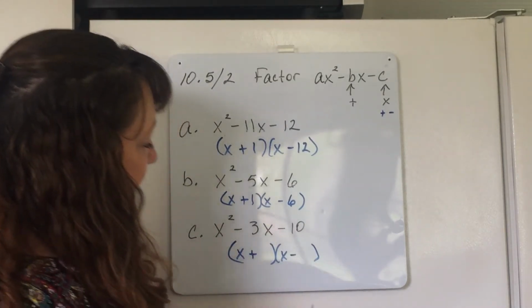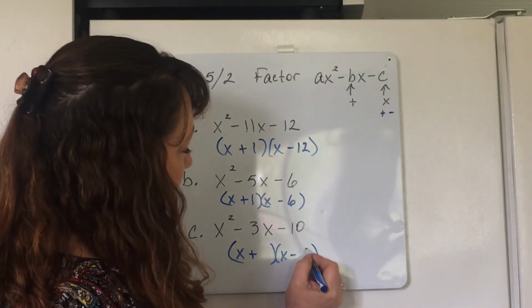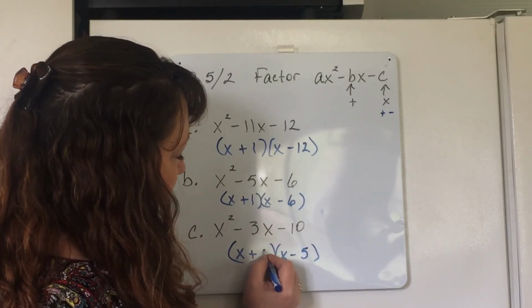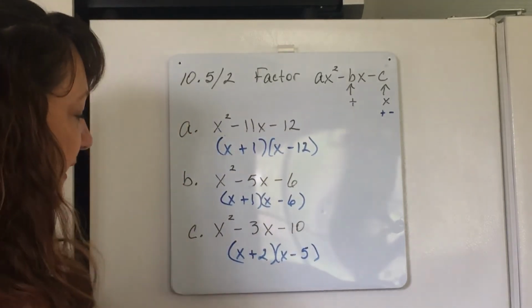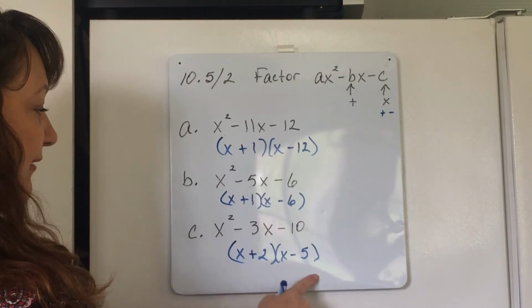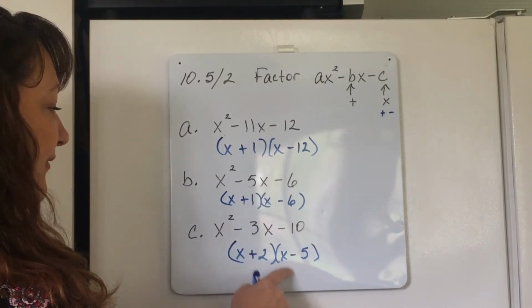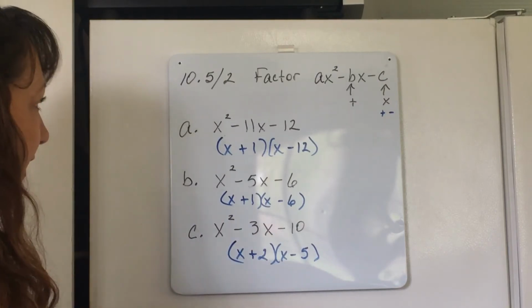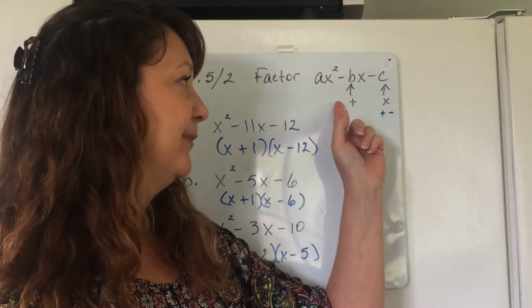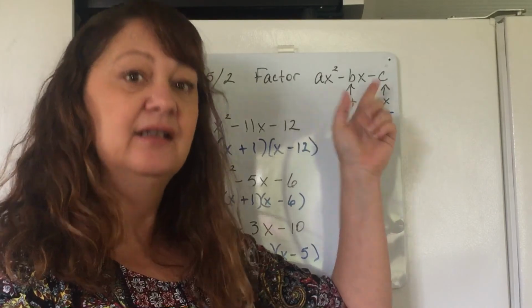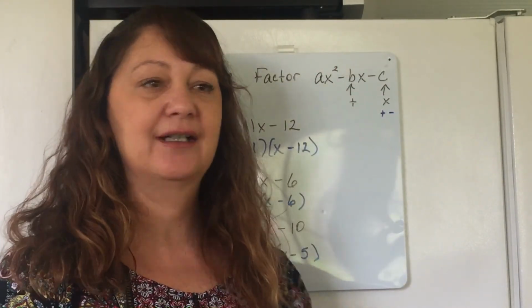I know my signs will have to be different. 5 is bigger than 2, so I'll make that one negative. So 2 times negative 5 is negative 10, but then 2 plus a negative 5 is a negative 3. So there we go. Whenever you have a negative b and a negative c in your trinomial, I hope that helps you figure out how to factor it back out.